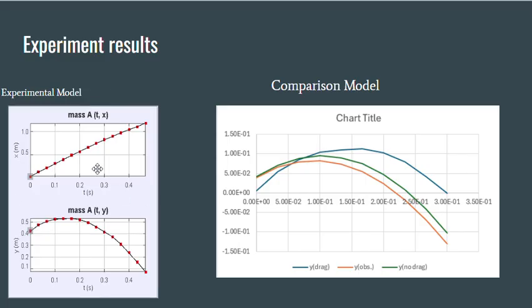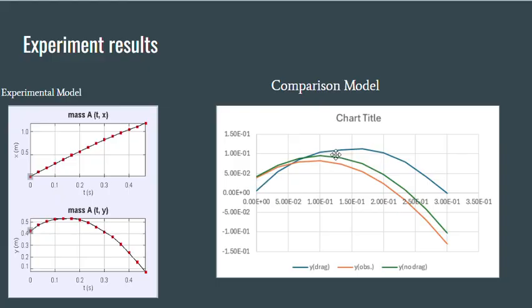To the left, first we have the experimental model from Tracker. As you can see, the X is almost constant, and the Y is going down in a parabola shape.